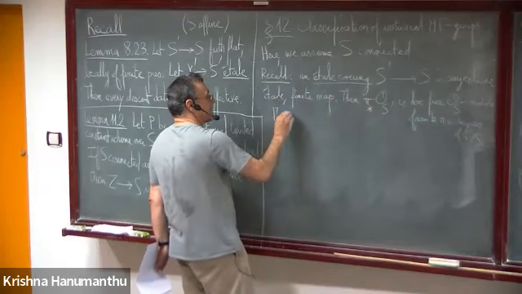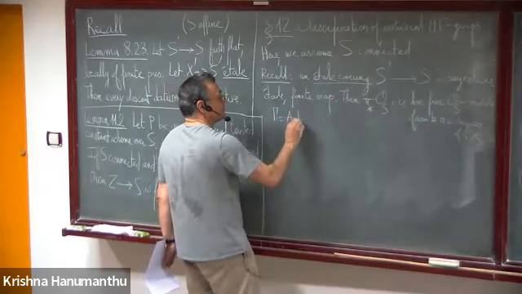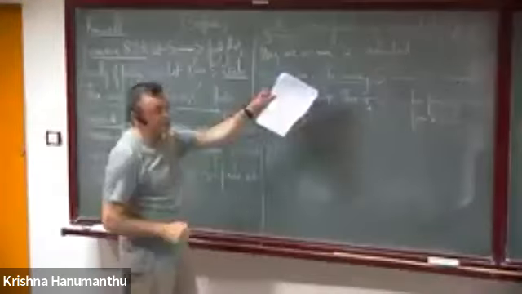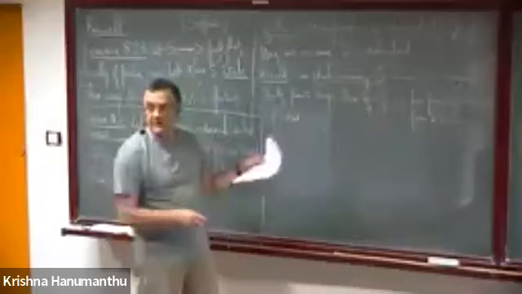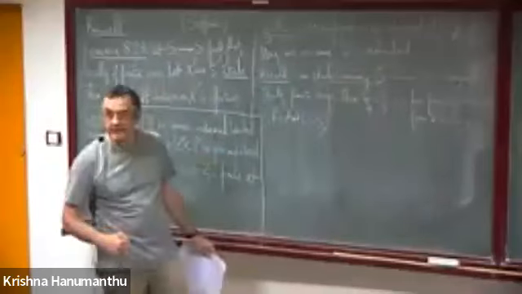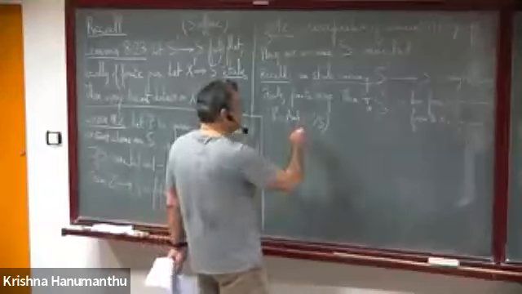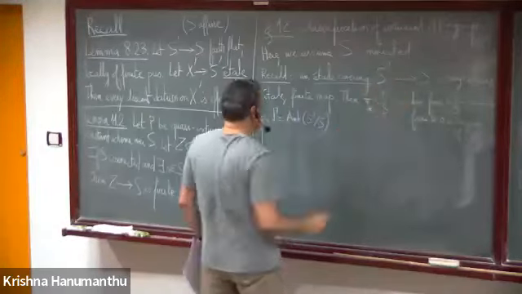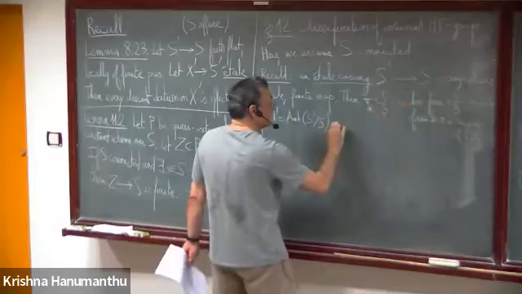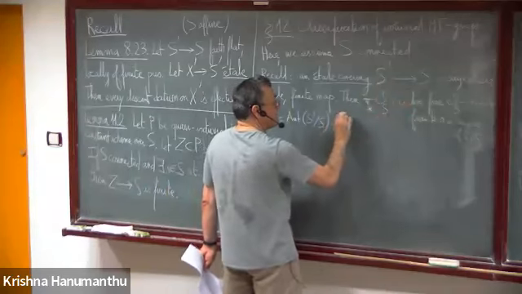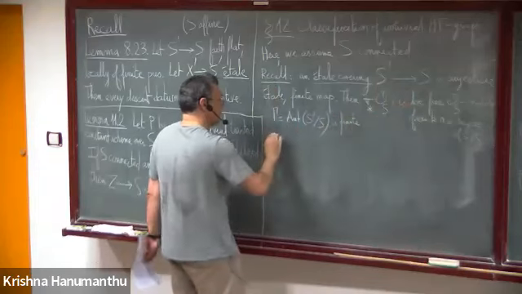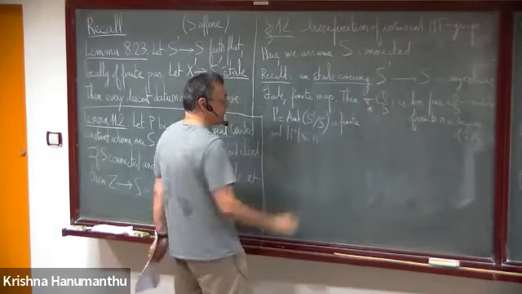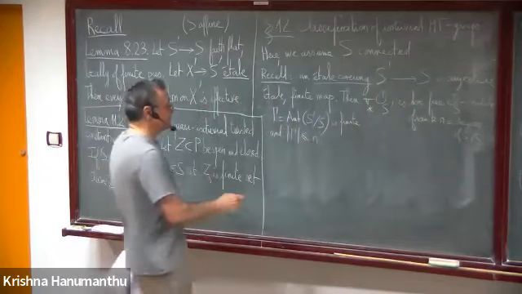So if we denote by gamma the automorphism group, the automorphisms of S prime which induce the identity on S, so the automorphisms of S prime over S, it is finite, and its cardinality is not more than n.